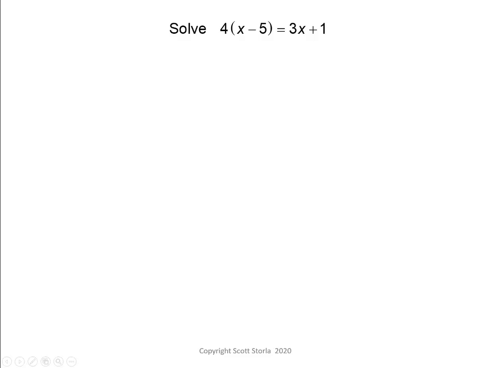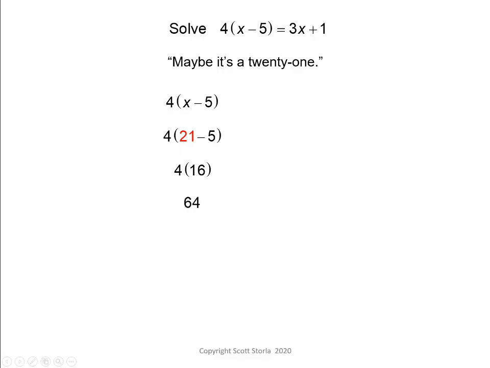On the other hand, say somebody guessed 21. Well, we'd start with the left, replace x with 21, and then follow the order of operations to find that the left side simplifies to 64. And then we go to the right. Again, we'd replace x with 21. We'd multiply and add. And this time, both the left and the right side are the same number.